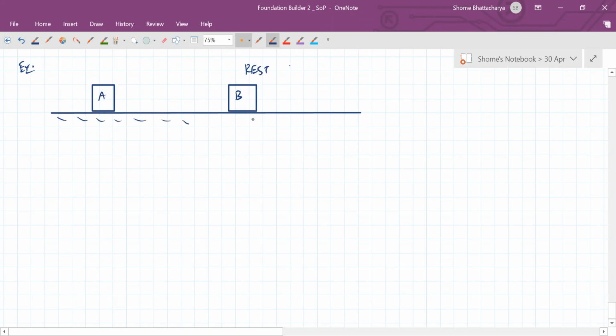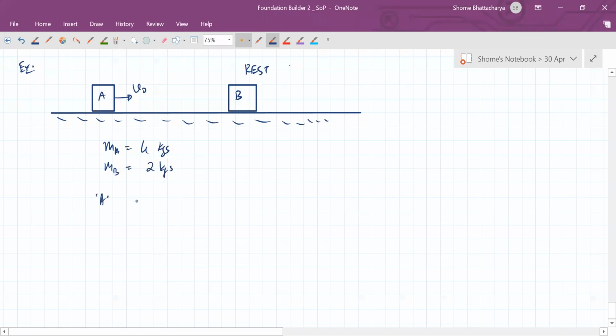This is a frictionless surface, whereas A is moving at a velocity V0. So mass of A is, suppose, equal to 4 kilograms and mass of B is equal to 2 kgs.